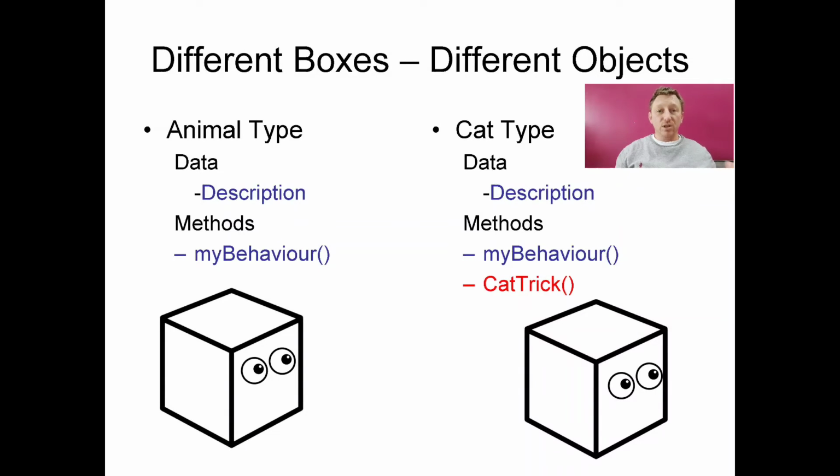Let's go back to it visually. What have we got? What is animal type? What is cat type? I've put this next slide up so that we can have a little recap of how we built this in the first place. And what you can see is that the parent class, animal class, had a description as part of its data and a method, my behavior.